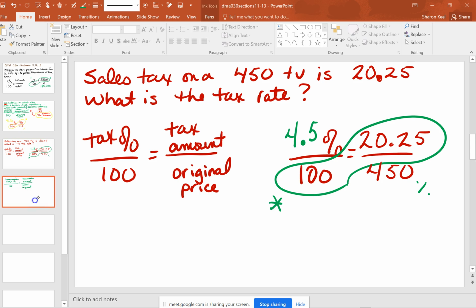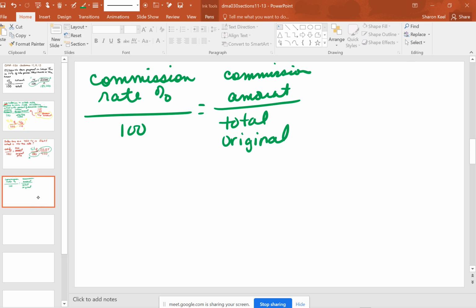So in this particular problem, I have a salesperson who earned a commission of $3,520 for selling $32,000 worth of vacuum cleaners. Find the commission rate.